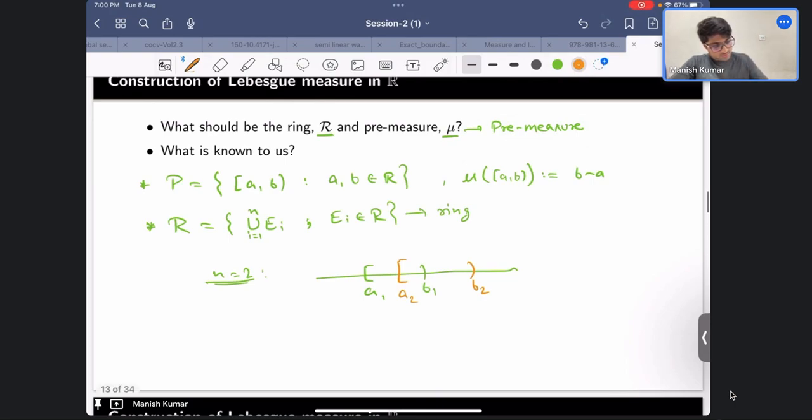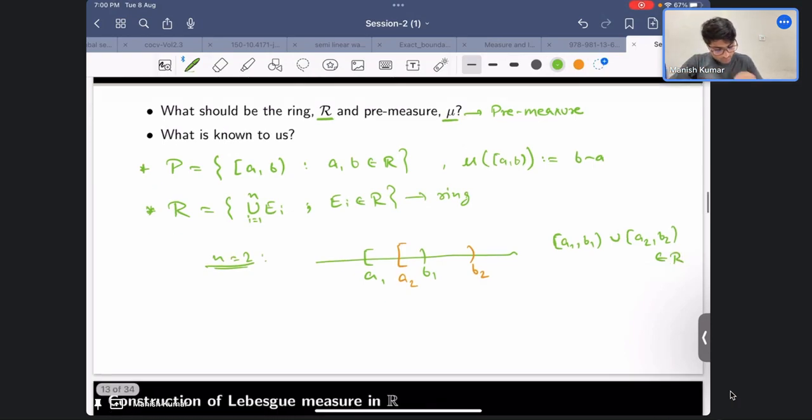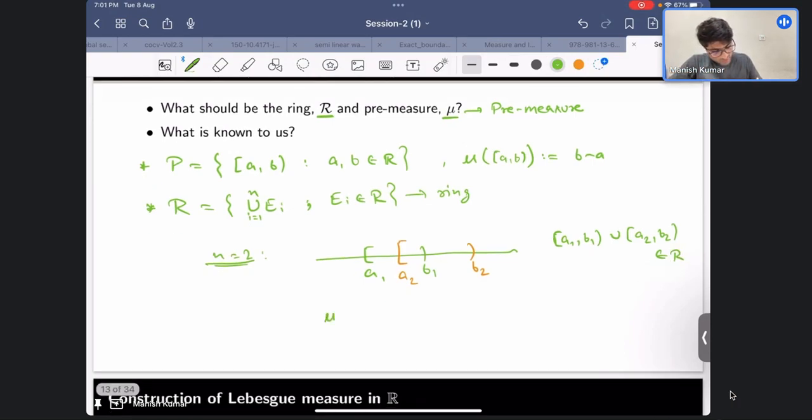This set, (a1, b1] union (a2, b2], belongs to R clearly. Now how should we define the measure for this set? That is the question.